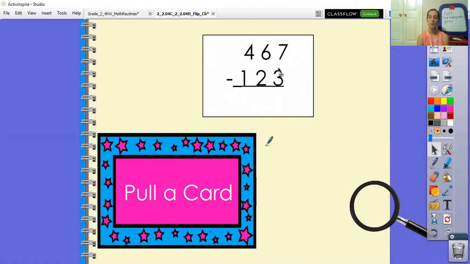So it's already in algorithm form. You have 467 minus 123. So I want you to just take a moment and see if you can make a problem doing 467 minus 123. Remember, you're making your own, generating your own problem using those numbers and that symbol.